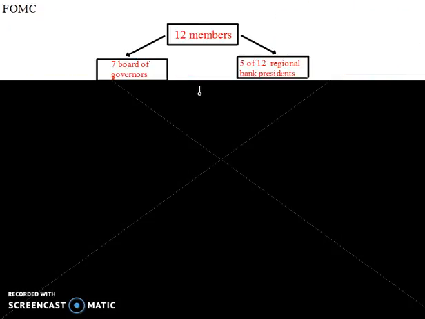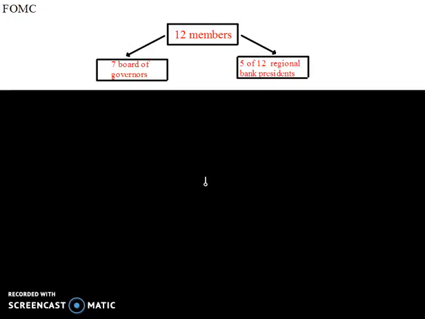The Federal Open Market Committee is made up of 12 members in the Federal Reserve Bank. Seven of them come from the Board of Governors, which we talked about on a previous podcast, and that includes the chairman of the Federal Reserve.